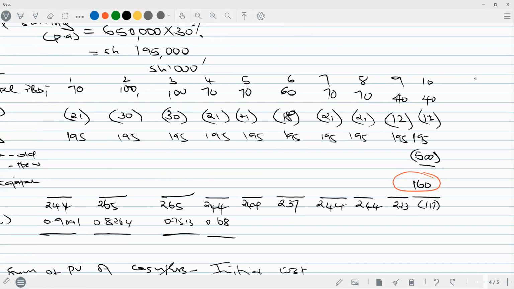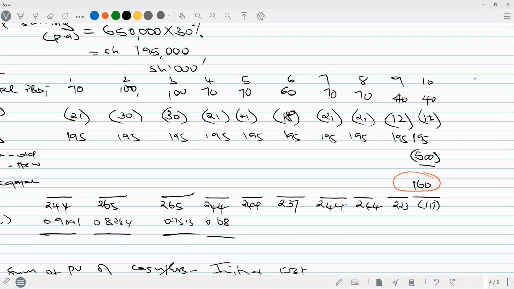Don't forget, as I always mentioned, if the question is silent about the recovery of working capital, we assume that the life of the project comes to an end in year 10 and the company will not be replacing it. So we assume that the appraisal process ends at year 10. If the question is silent, then we assume that we are going to be recovering all the working capital investment the company may have made until such a point.